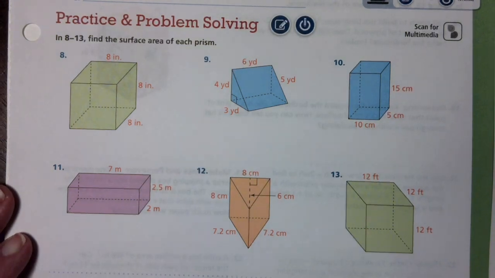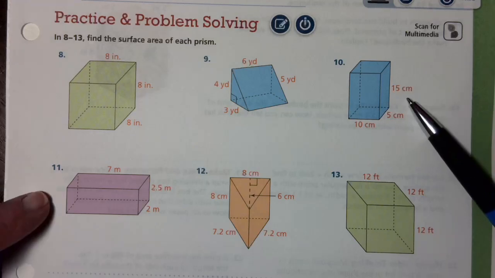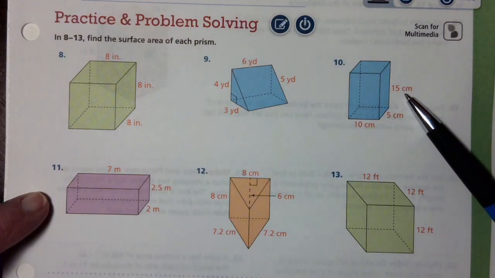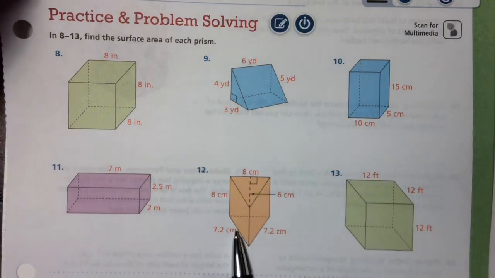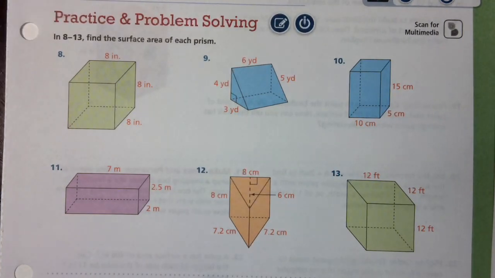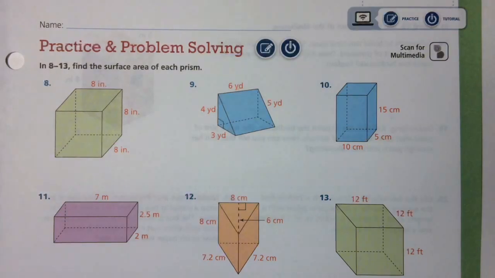We've done one like that on number 7. 10 and 11 were like number 5. Number 12 is like number 9. So we've done one like every one of these. If you paid attention and you wrote the work down, then you will know how to do these. Plus you have a classroom teacher to help you all over the place. I seriously would do a top and a bottom, a front and a back, a left and a right, and then total it all up.